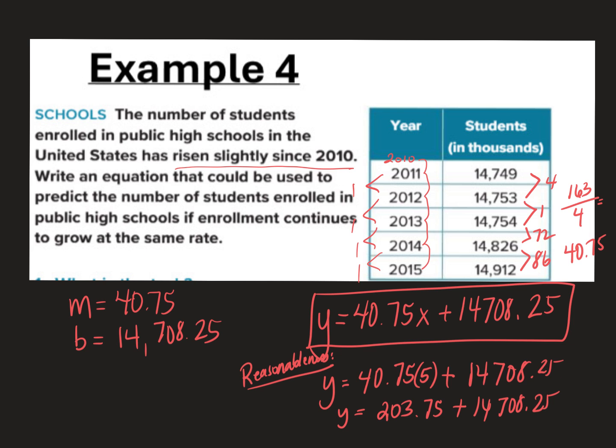And that is 14,912. So my estimate is reasonable: find the average rate of change, which is 40.75, and then use that to find the population in 2010, which is when we began, and then write my equation using the slope and the y-intercept.